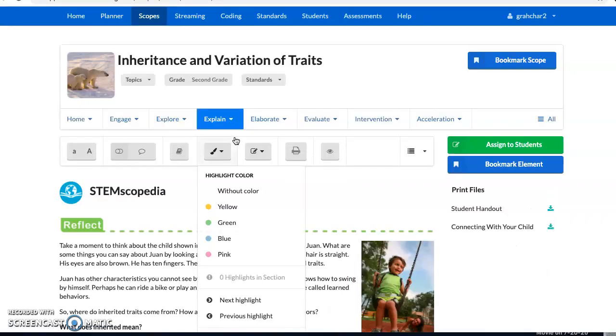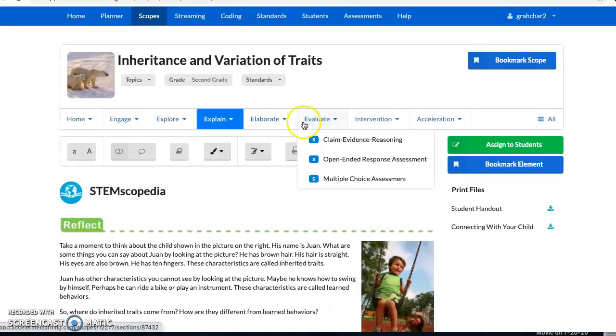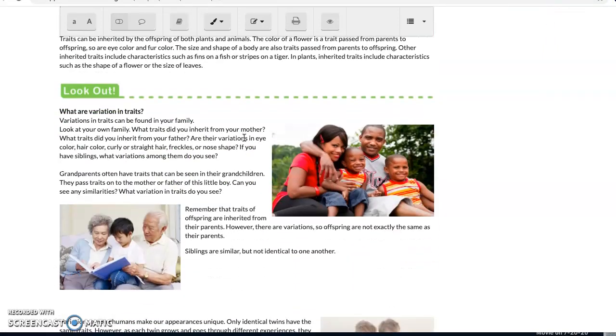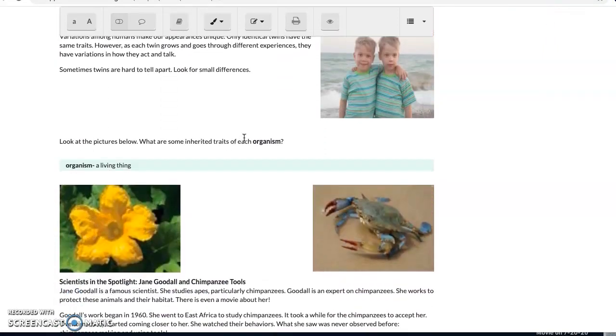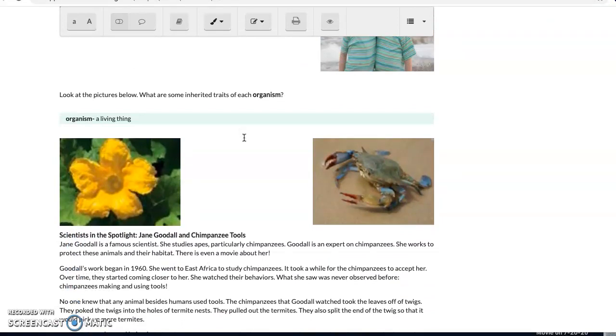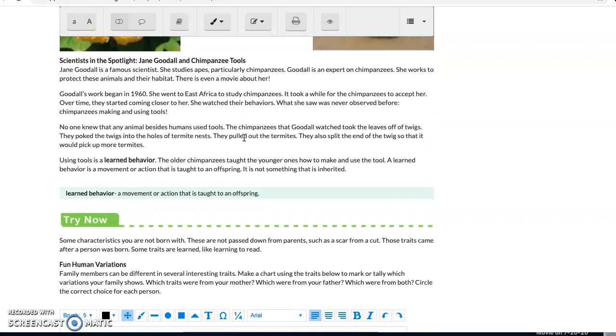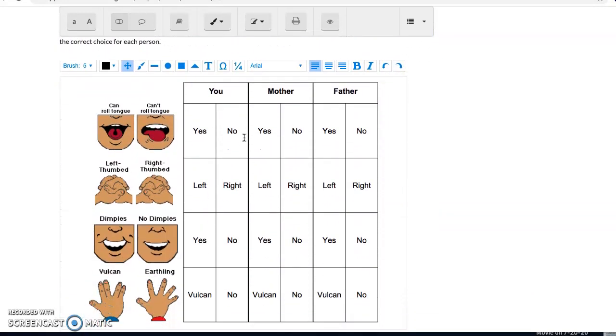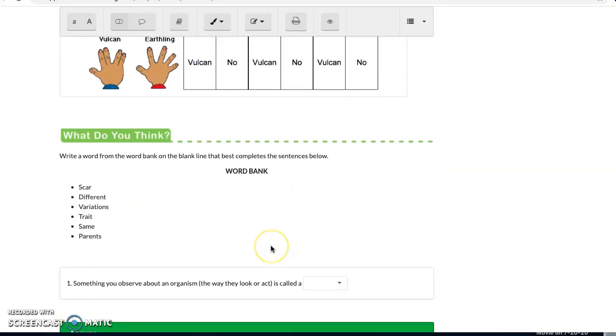And you'll see there's one of these in every scope, and it has reading, it incorporates vocabulary, as of course you can see pictures for students to be able to visualize the concepts, and then a little activity for them to do at the bottom.